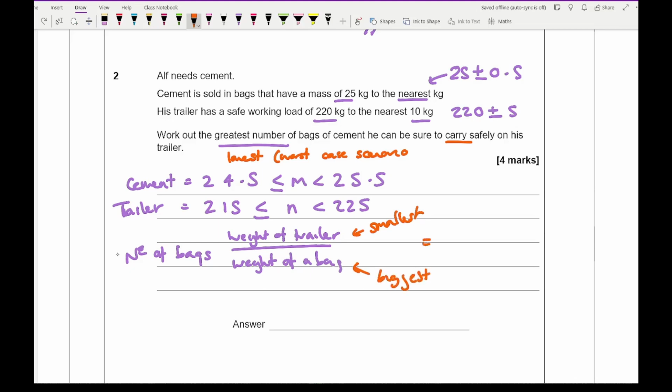So that's going to be 215 divided by 25.5, and if I type that into my calculator, I get an answer of 8.43. So the safest number of bags that I can have is going to be 8.